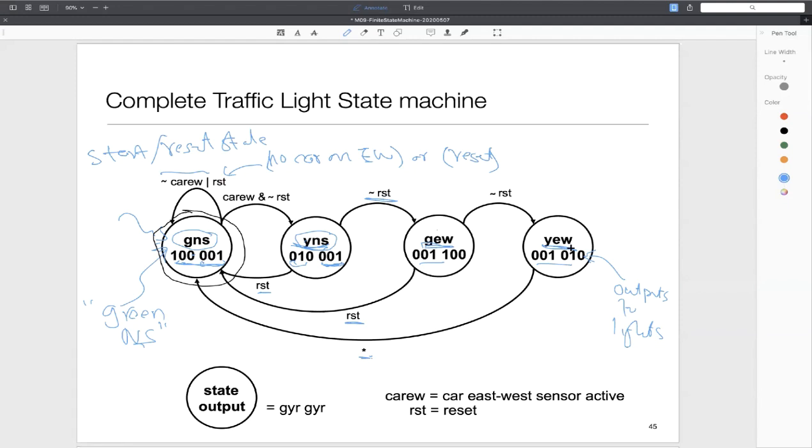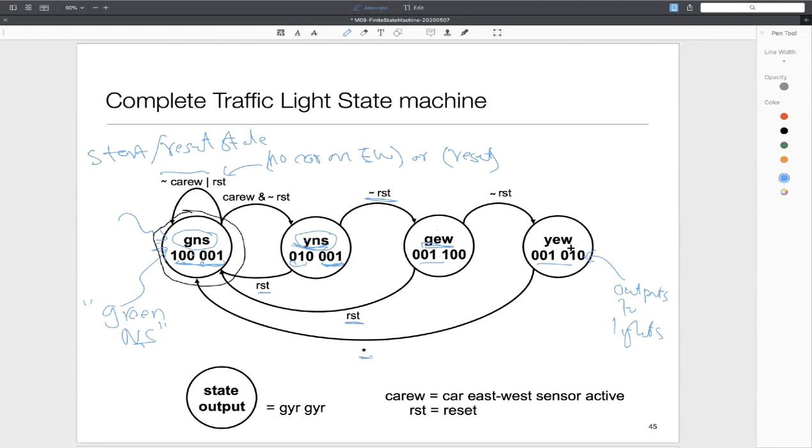So that's the transition. Super simple, very simplified, almost useless traffic controller, but for illustration purposes, it does the job. In real traffic controllers, there are a lot of nuances, right? I mean, how much time to spend in yellow, what's the minimum green, and so on and so forth.